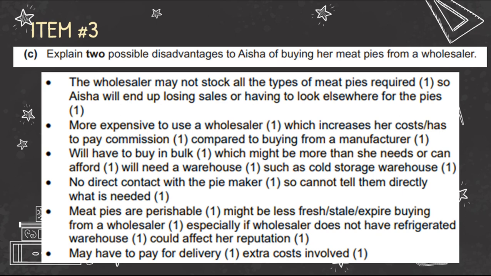That will be a disadvantage for her. Even if the wholesaler uses a cold storage warehouse, Aisha doesn't know when the expiration date will be. Although the wholesaler would inform Aisha of an expiration date, how about the freshness of it?